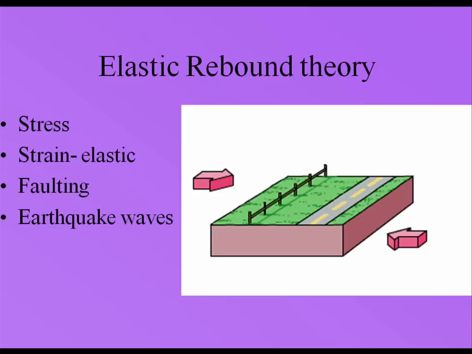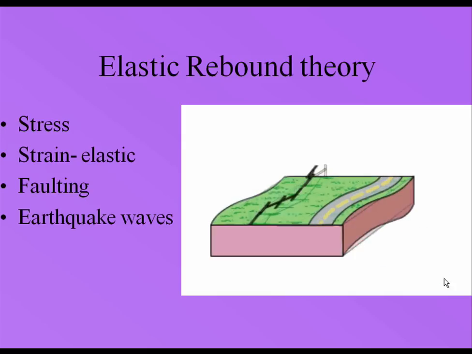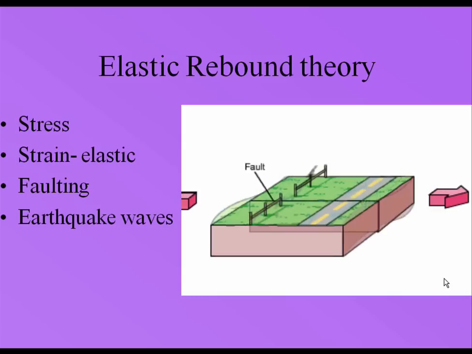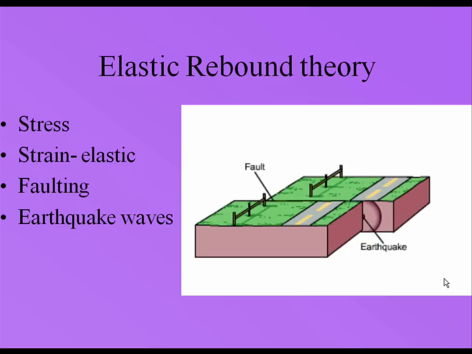Stress is applied as one plate moves toward another. The strain is the way in which the earth responds. It can start off by responding elastically. Eventually it will fault and you give off waves. Stress, strain, faulting, earthquake waves.